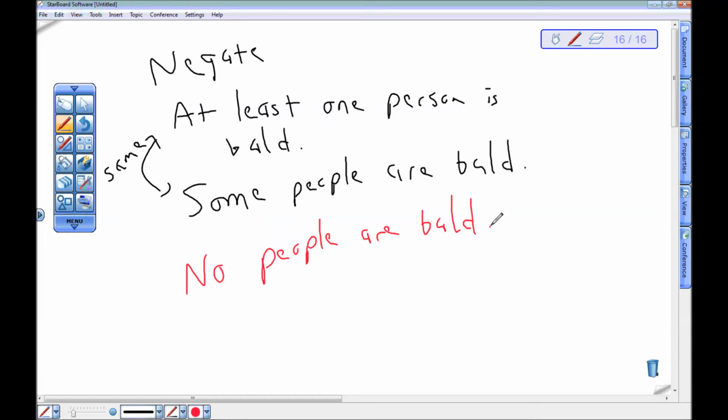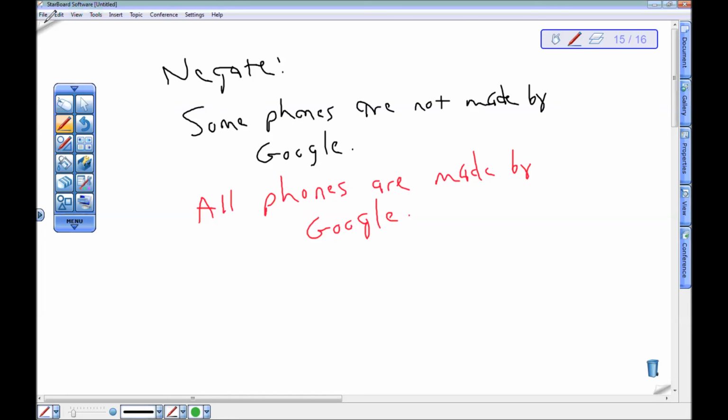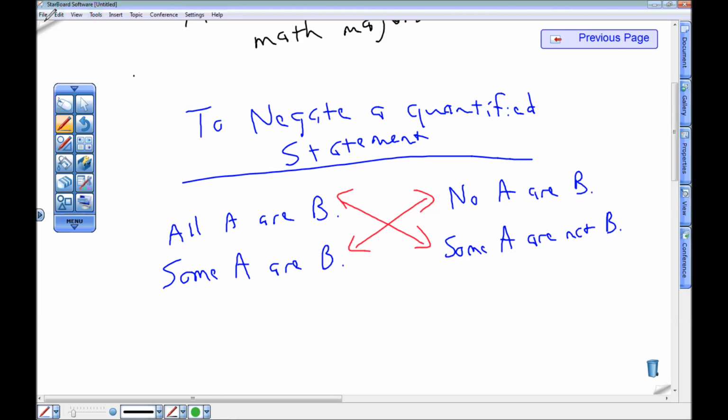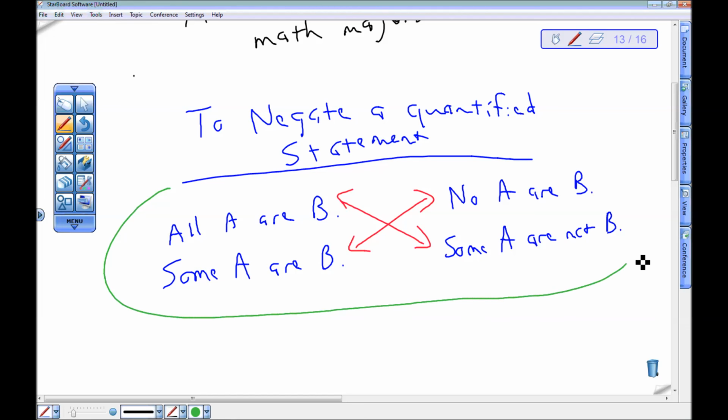Hopefully that'll help you get started a little bit with quantified statements and their negations. If you have difficulty, the real key thing to look at is: is there another way that I can state this? And then when I try to negate it, referring to this table. This table will help you negate quantified statements.